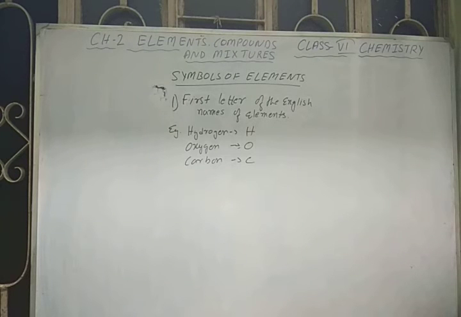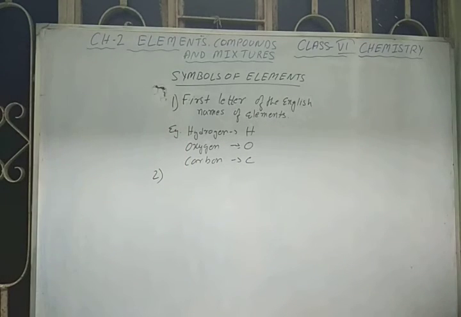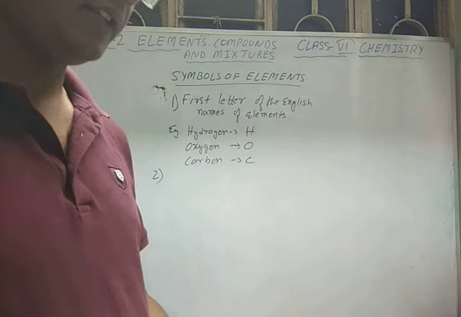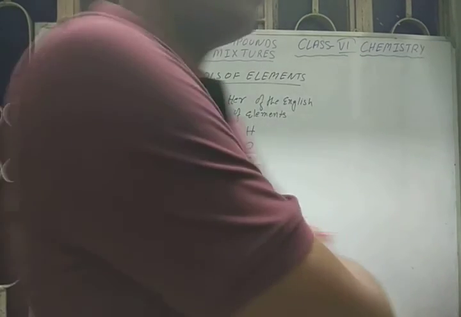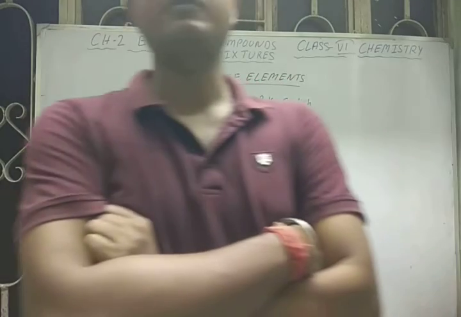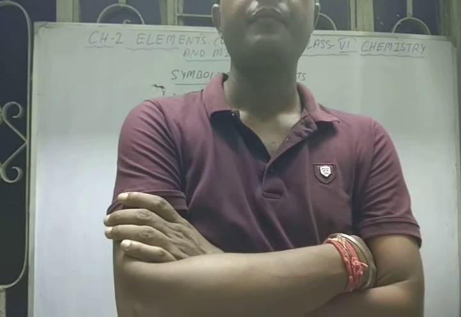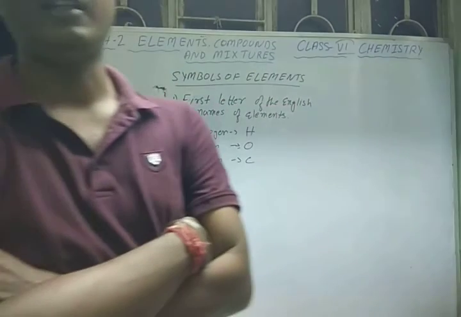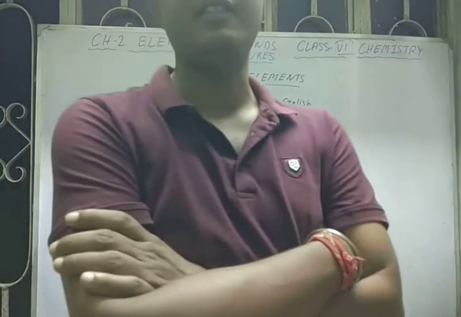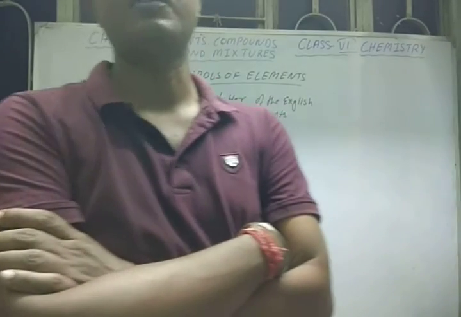Now, the next way of writing the symbol. Many elements have the same first letter, because we have only 26 alphabets, isn't it? Suppose carbon is C. Similarly, cadmium is C, copper C, calcium C, chlorine C. Similarly, hydrogen H, helium H, and many other elements are also like that.